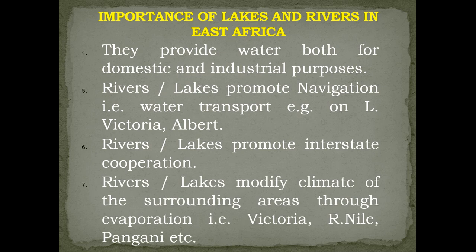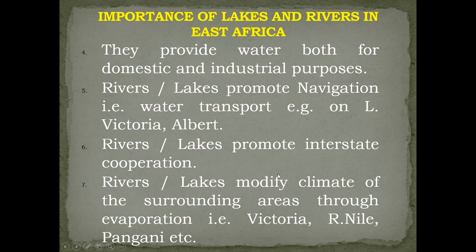Then rivers and lakes modify the climate of the surrounding areas through the process of evaporation. That's why the shores of Lake Victoria receive rainfall most parts of the year, or heavy rainfall. They are the second wettest parts of East Africa after the highland areas.